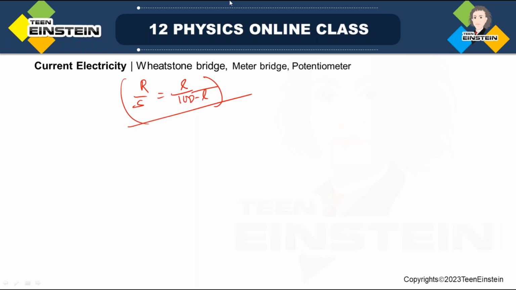I'll tell you what is given and what we need to find out. See, there is a meter bridge given like this. So I have a cell of 4 volt. I have to have 2 gaps, as you know.